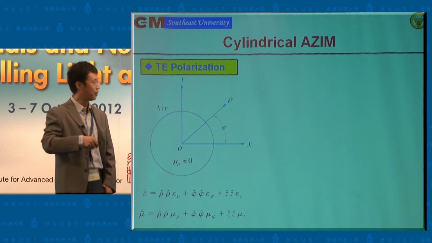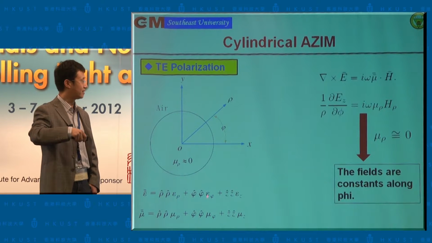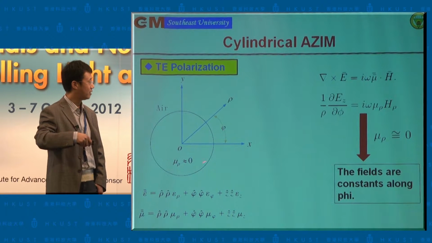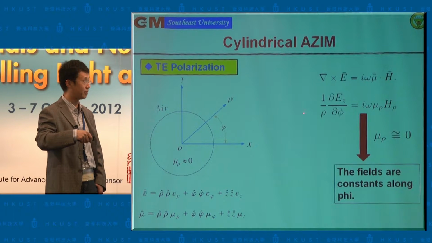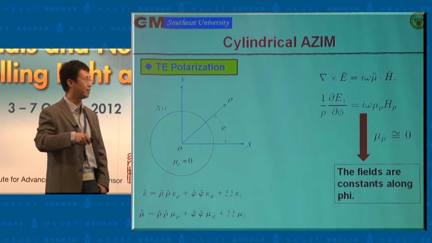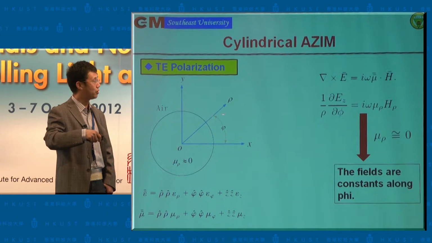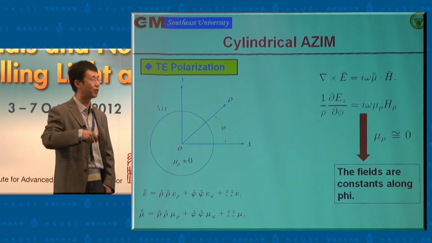So we also make a very brief derivation from the Maxwell equations. So these are the constitutive parameters of the radially anisotropic zero-index metamaterial. From the Maxwell equations, when the radial component mu rho is equal to 0, we can easily obtain that the fields are constant along the phi direction.